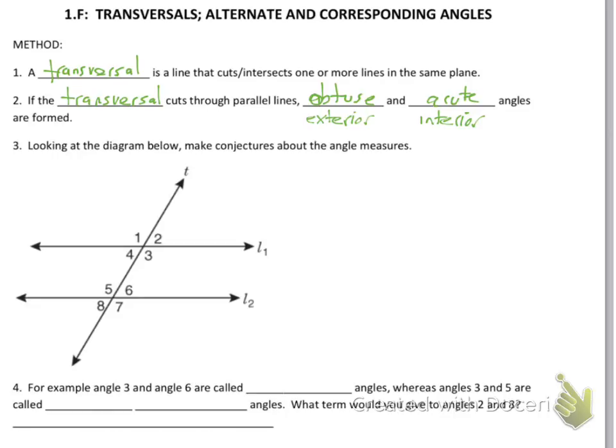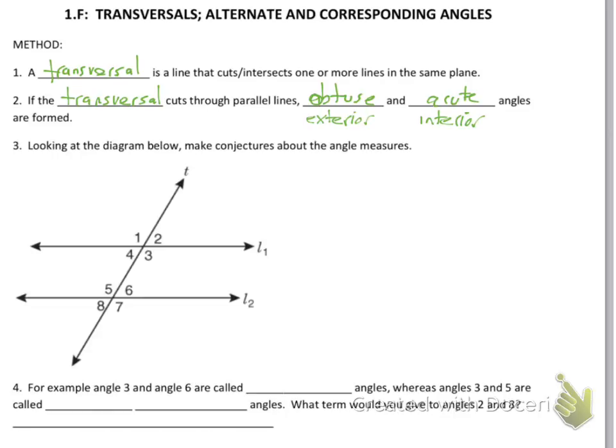Interior, exterior. Now, looking at your diagram here, can you make any assumptions about angle measures? What do you think you can assume here? You should know some of them already, because we talked about it yesterday. Like 1 and 3. 1 and 3 are the same. Why?